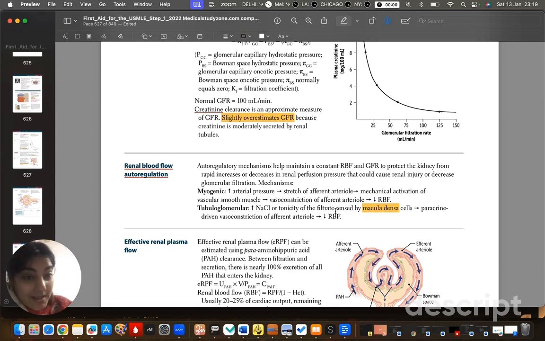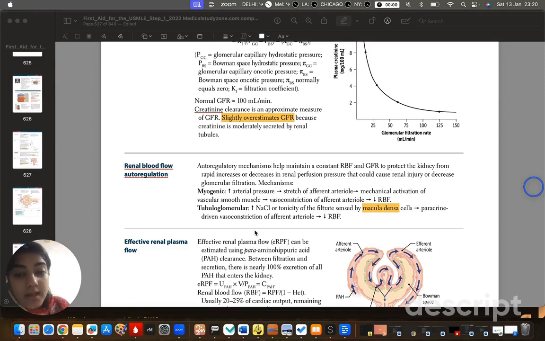If it's high, then it sends a signal, and the hormone that is responsible here is a mineralocorticoid, beginning with A, aldosterone. Yes, that would again decrease the renal blood flow because they would cause vasoconstriction.